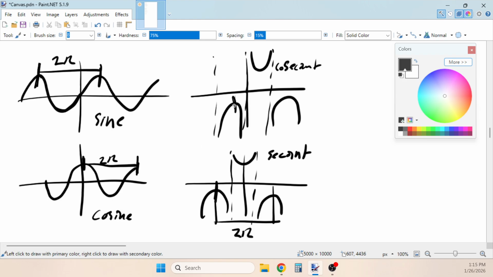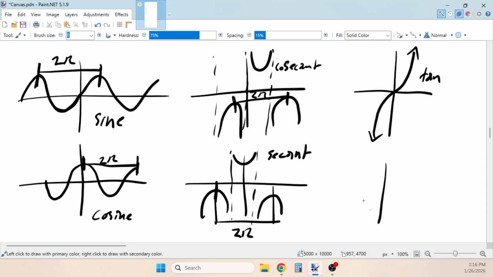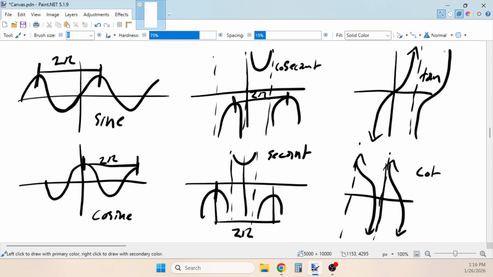Pi, 2 pi, and for the other trig functions, our wavelength is going to be just pi. Distance from here to here.